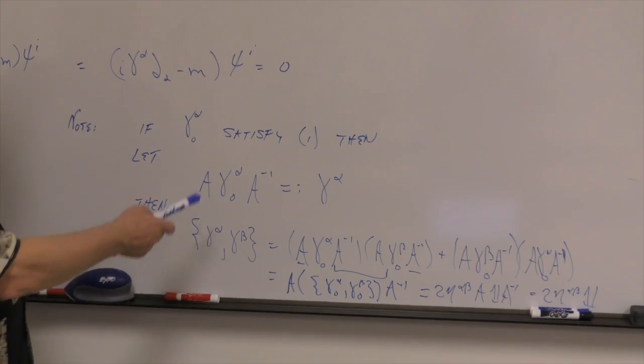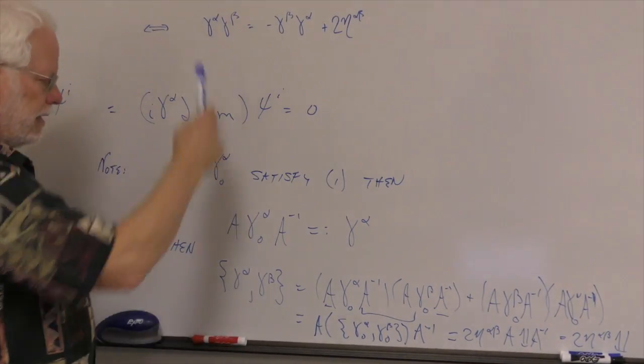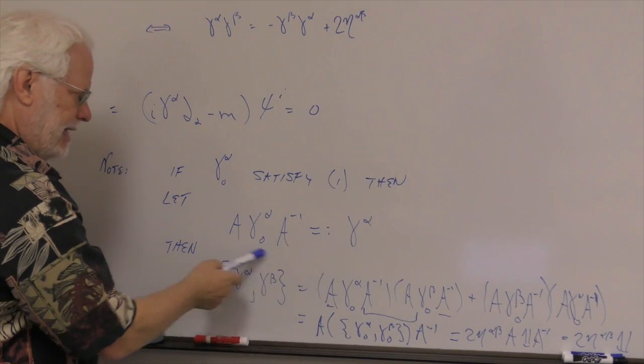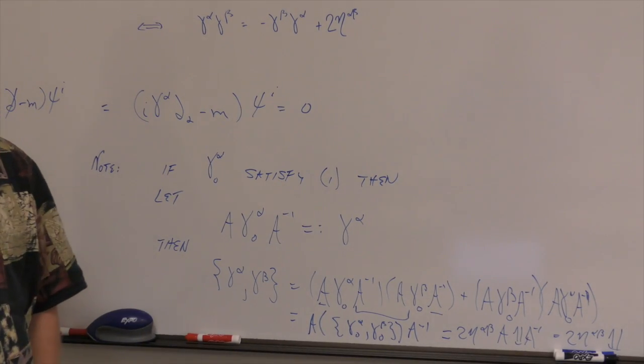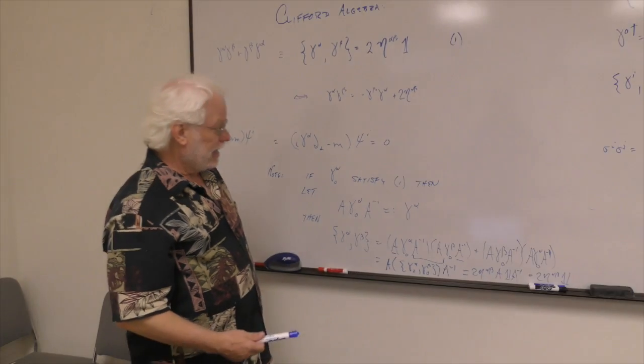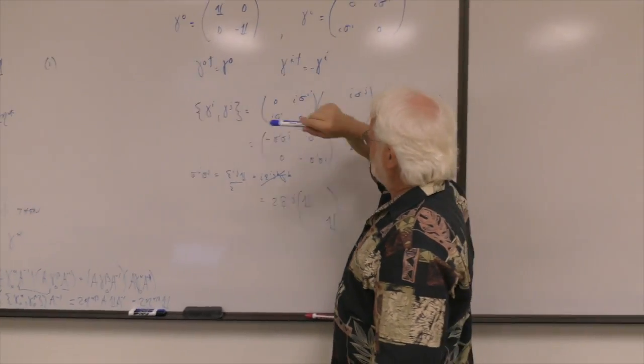And so if these gamma zeros satisfy the Clifford algebra relation, then any gammas related by a general linear similarity transformation also satisfy it. Then, last time, we found a particular set of matrices.